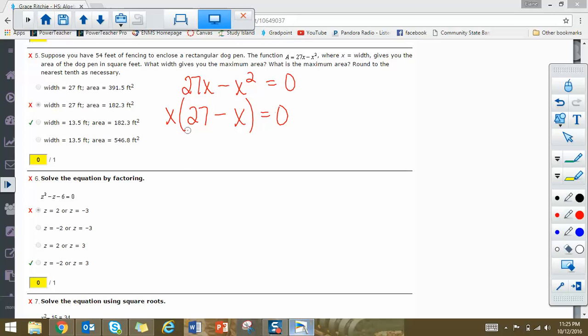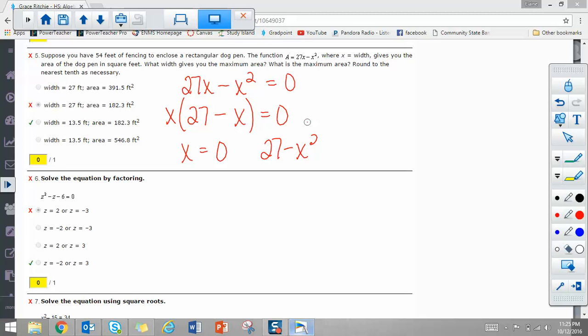If we set each one of these equal to 0, we get x equals 0 for this part, and we also have 27 minus x equal to 0. If I solve this one for x, I could add x to the other side, and I get x equals 27.